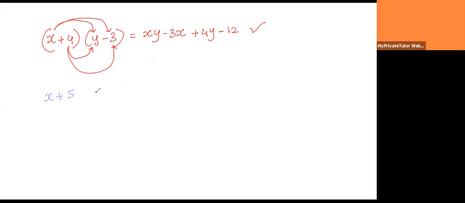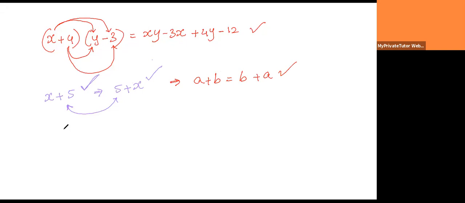It doesn't matter if you write the answer as 5 plus x, isn't it? So both are correct. You will get full marks, because these two are commutative answers. So what does the commutative property say? A plus B is the same as B plus A. But make sure that this commutative property applies only for addition and multiplication.